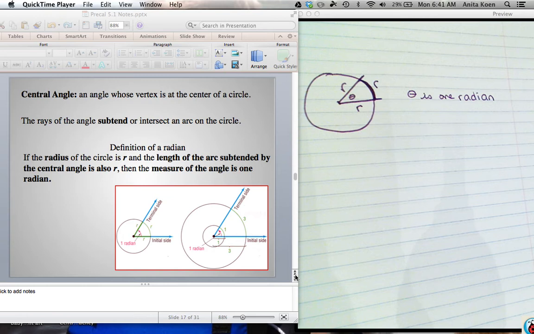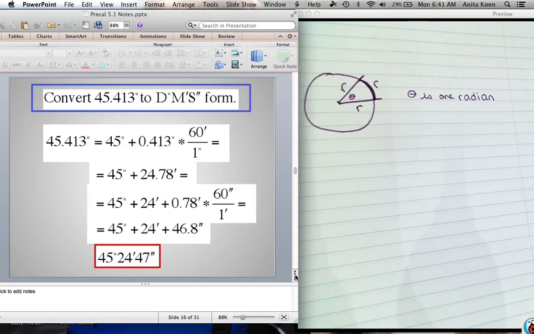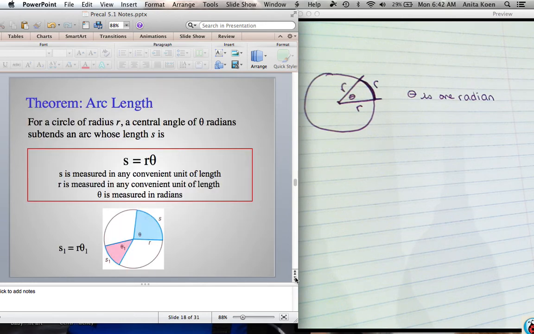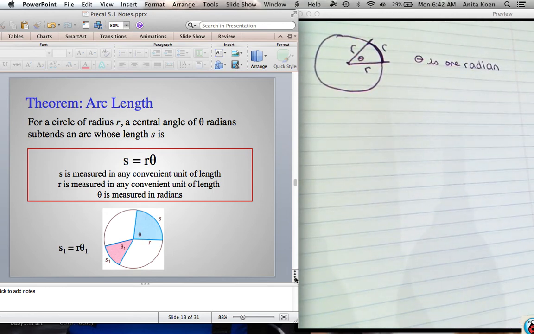In the bigger circle, the radius of the circle is 3, the arc subtended is 3. That angle, which you can see didn't change in size, is still 1 radian. Oh, I went backwards, my fault. That was yesterday's lesson.